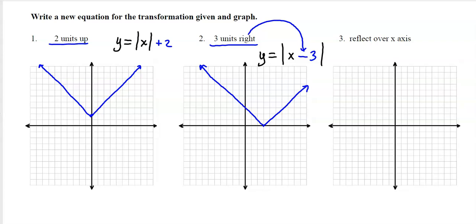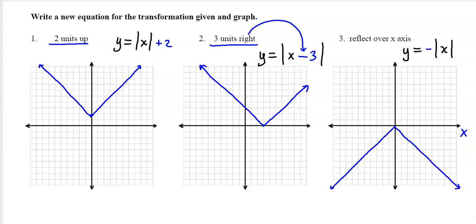All right? Now, if we want to reflect this thing over the x-axis, that means that I want to use the x-axis like a mirror, and we're going to fold it and flip it right down here. So it's going to completely go the other direction. And then whenever we want to flip it like that, all we have to do is make one adjustment, and that adjustment is just put a negative sign in front.